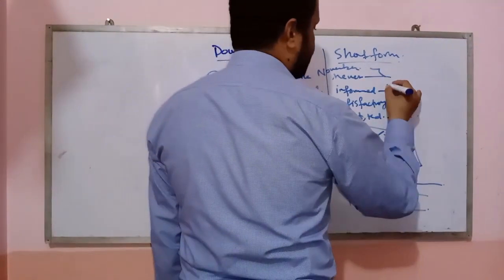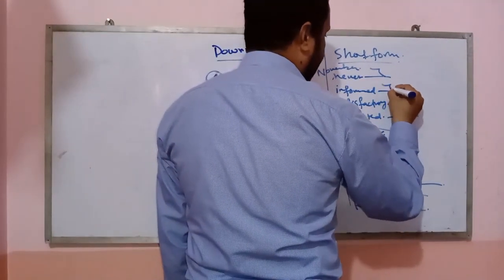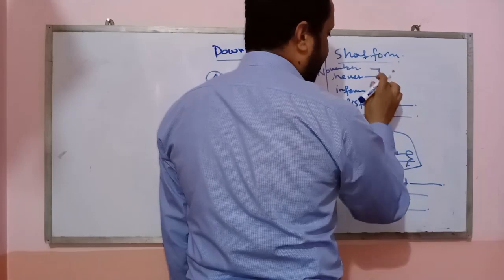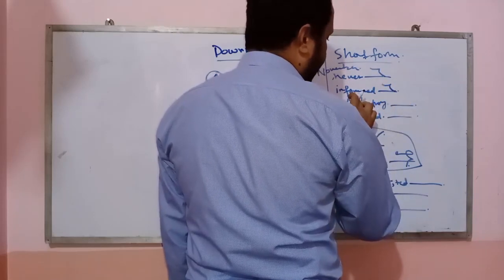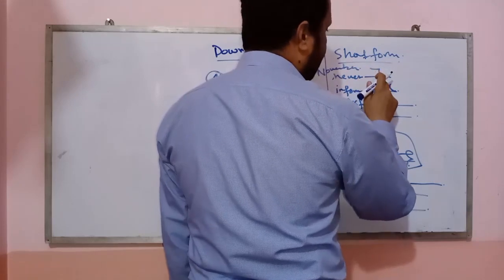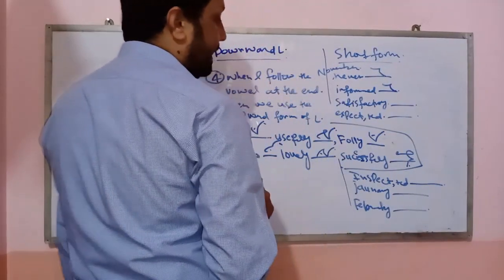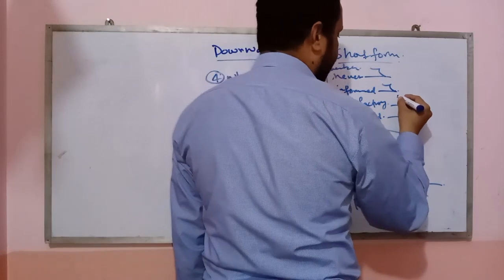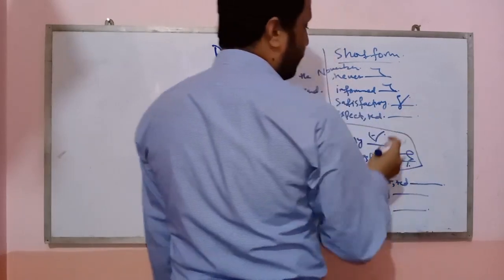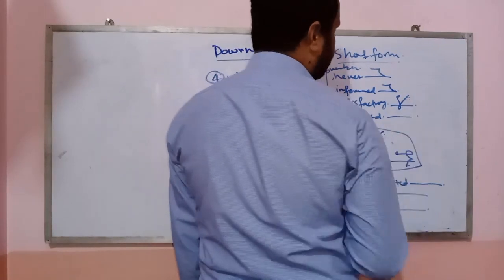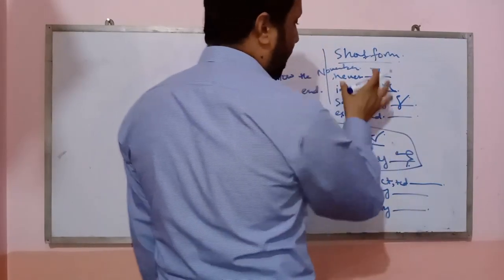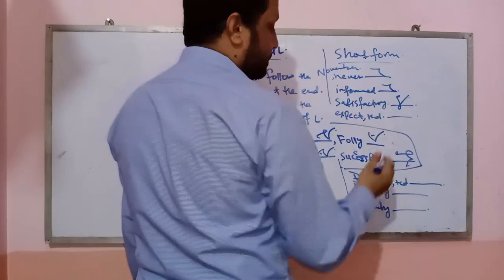Okay, informed: it is V and it is F, and with F it is called informed, and with V it is called never, and November. Satisfactory. It is the outline of satisfactory: STS and R with Y. Satisfactory. All these are short forms.